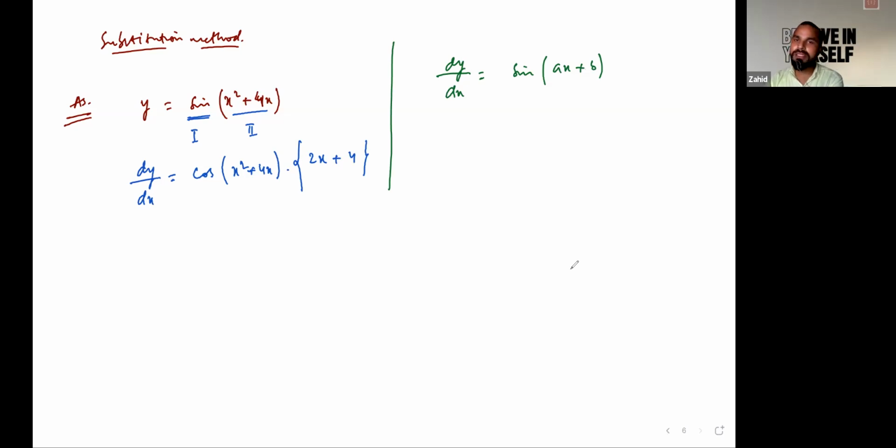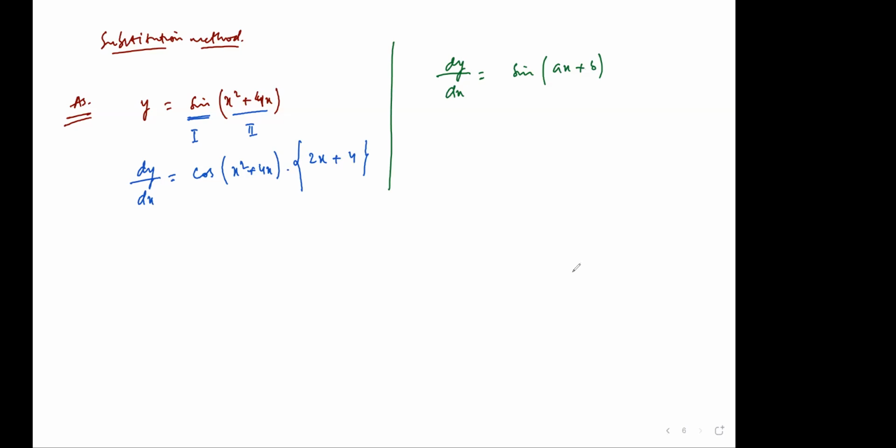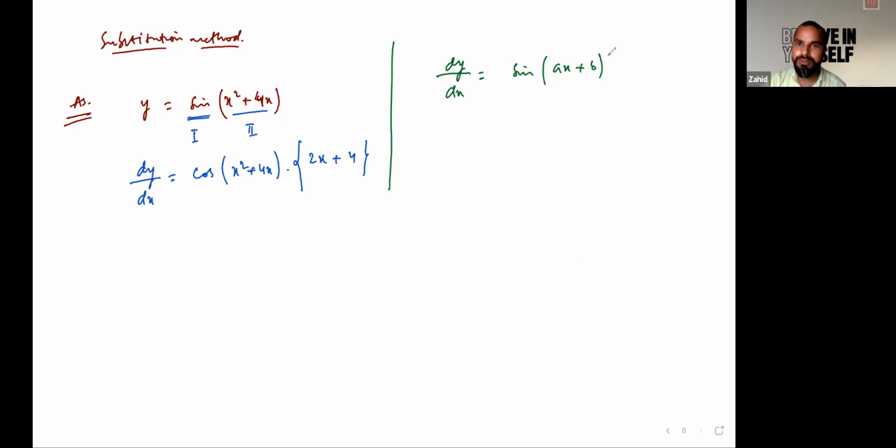So we can substitute some variable for this particular function to make the whole function depend on a single term. Likewise, let t is equals to ax plus b. I have just substituted ax plus b to be t.